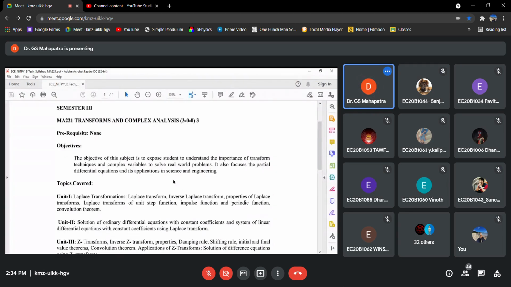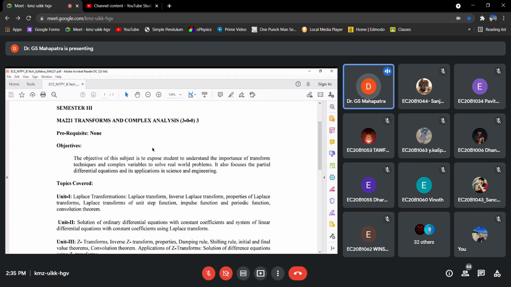You have a 3 credit course, this one. So 300, no lab, no tutorial. But if we need, we can add one tutorial. You have a lot of empty periods, I have already noted down that one. So transformation and complex analysis.